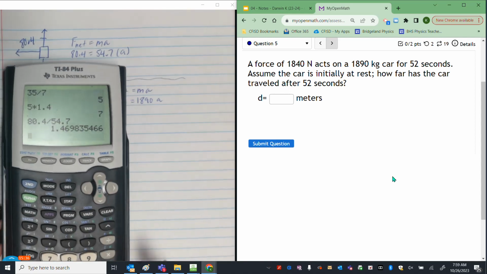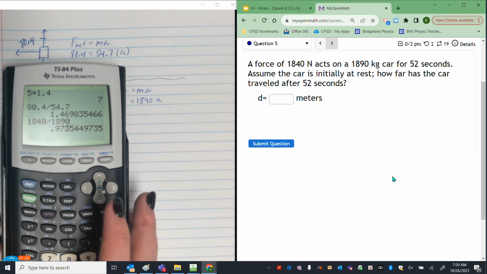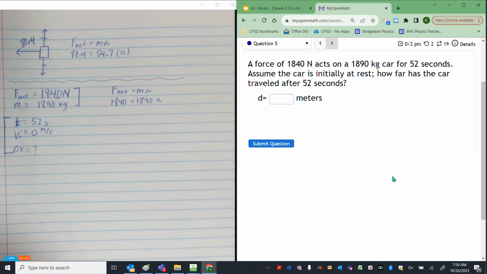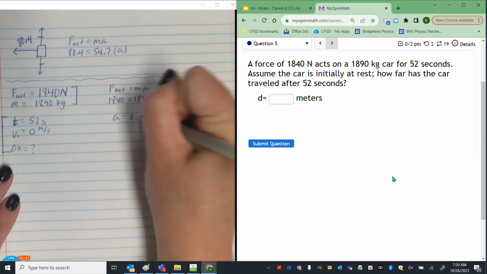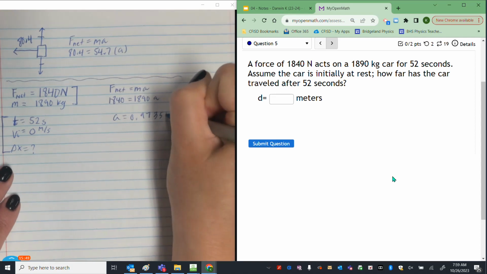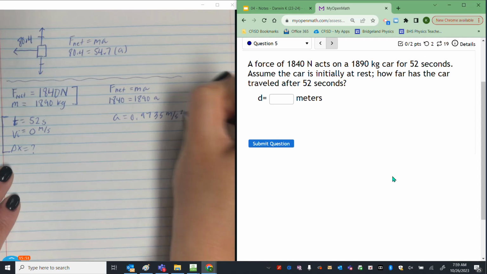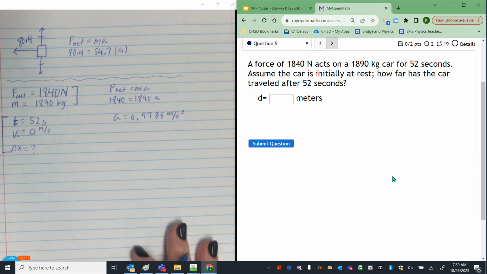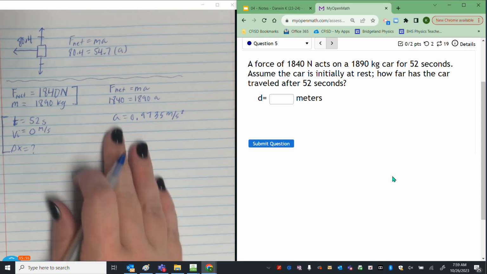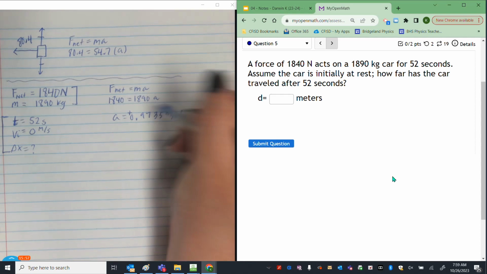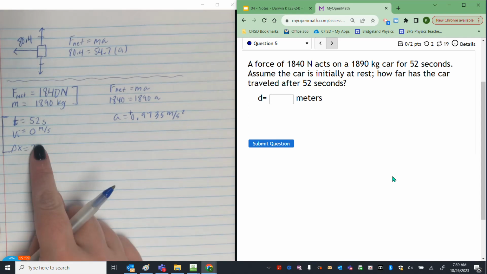That's going to give you your acceleration as 0.9735 meters per second squared. So I have an acceleration now. It was initially at rest, so it's moving it positively. It's making it move. It doesn't say backwards, so we're just going to go with that.